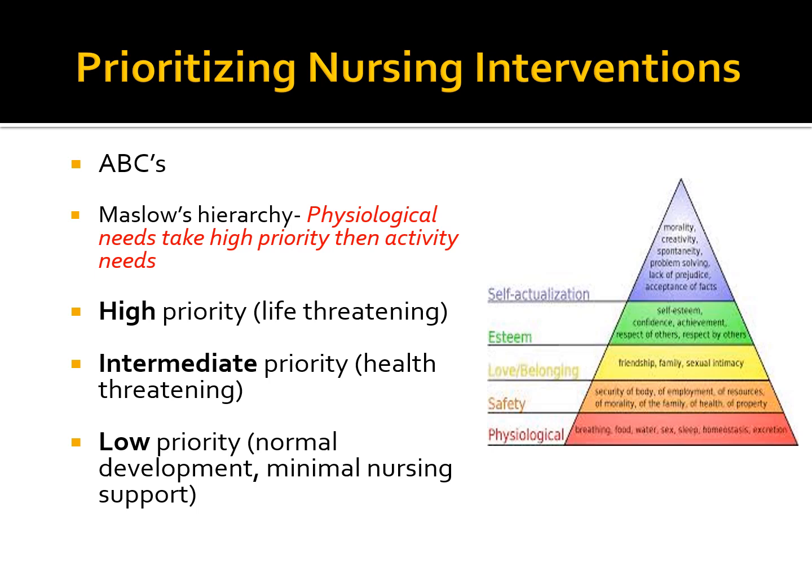And again, you have to prioritize the nursing interventions just like we had to prioritize the nursing diagnosis and the nursing outcomes. So, of course, again, ABCs, physiological, high priority is life-threatening, intermediate is health-threatening, and low is normal development or minimal nursing support. So I think you understand that everything's about prioritizing.